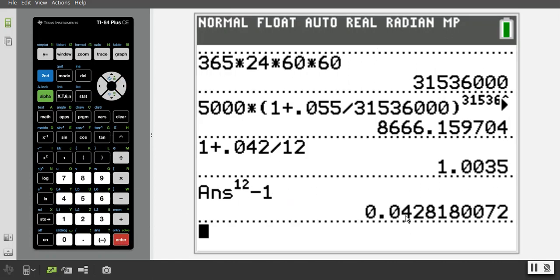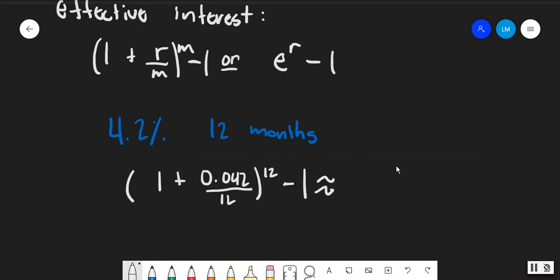We see that this gives us about 4.3%, which technically isn't really that great when you think about it, but it should always be greater.